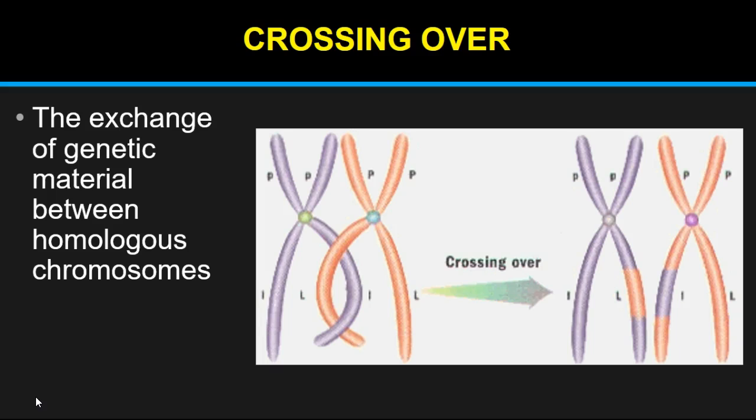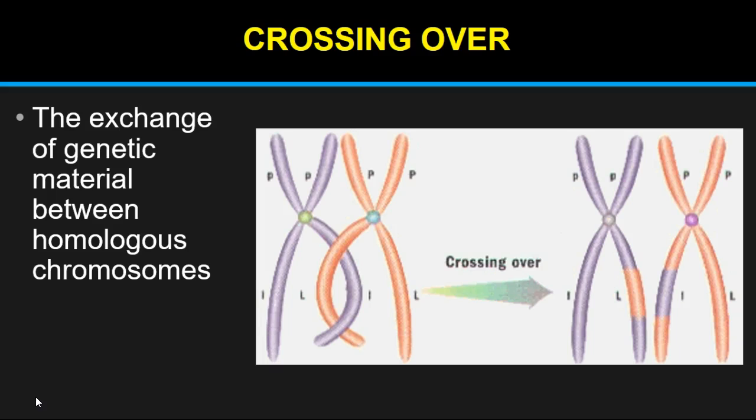And crossing over is the exchange of genetic material between homologous chromosomes. So if we look at this picture, we see a homologous pair of chromosomes. We have a purple chromosome and a pink chromosome, but they are homologous pairs. They're similar in size and shape, and they contain the same genes. But since they're standing next to each other, they can cross over. So you see on that bottom leg, they're kind of wrapping around each other.